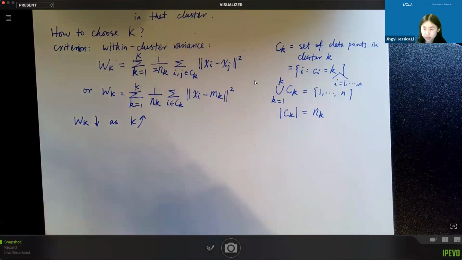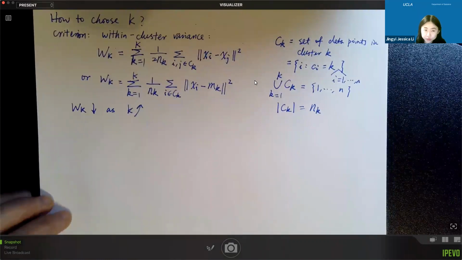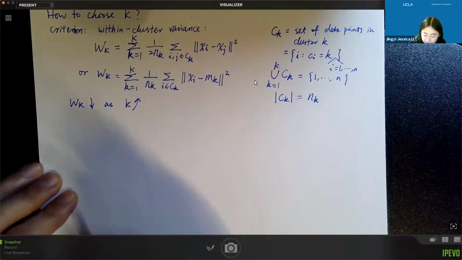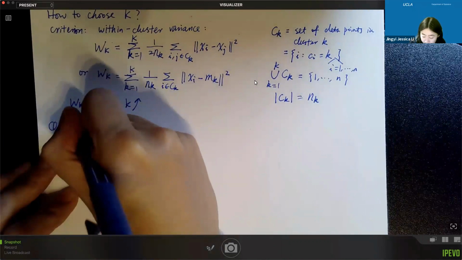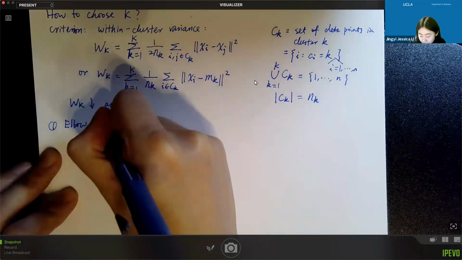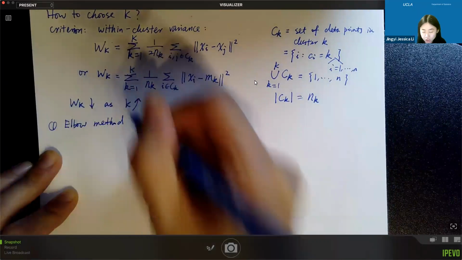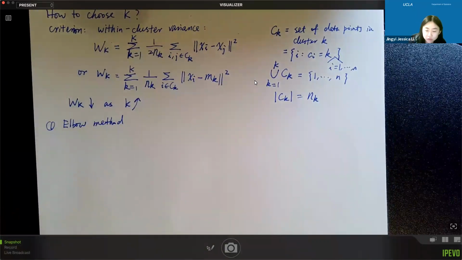So WK will go down to 0. This motivates us to use the first method for choosing K. This is the graphical method called the elbow method. It's very easy to use, and it's very intuitive. That's why many people use it for justifying their K.